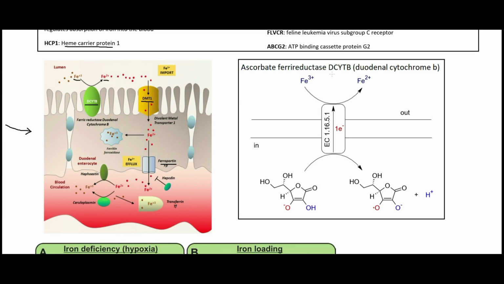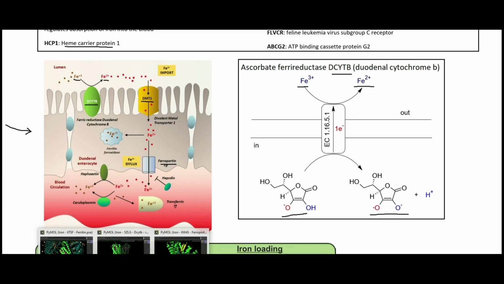This DCYTB, the duodenal cytochrome B, as I said, reduces it from the Fe3 plus to the Fe2 plus, and it does that with the help of this molecule here, which is vitamin C. Vitamin C is needed for this reduction.